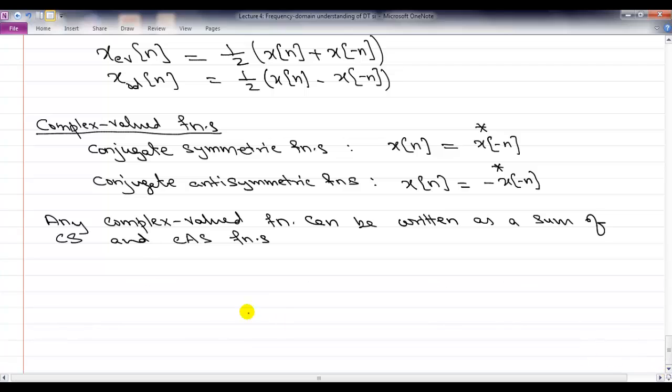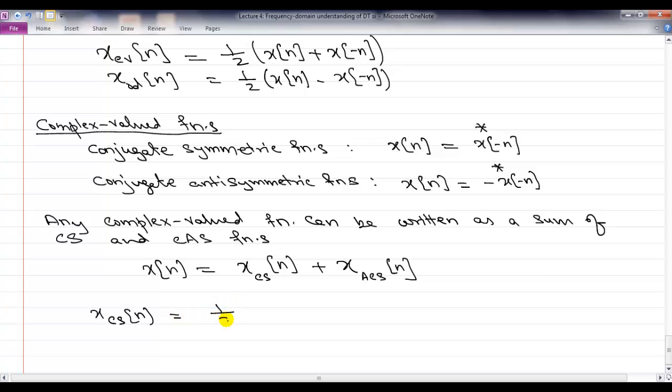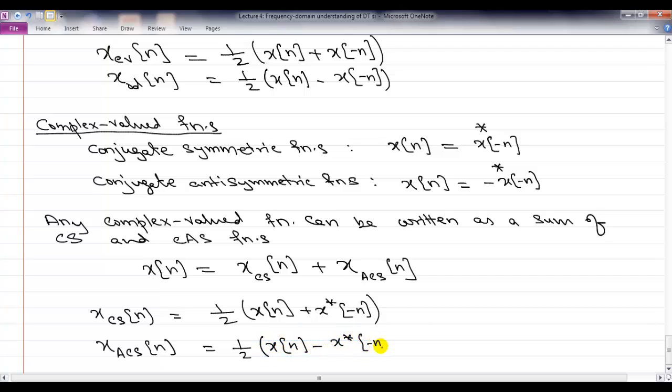So you can write x[n], if it's complex valued, equal to x CS[n] plus x ACS[n], where the definitions are analogous to the even and odd function. It's half of x[n] plus x conjugate of [minus n], and x ACS[n] is half of x[n] minus x conjugate of [minus n].